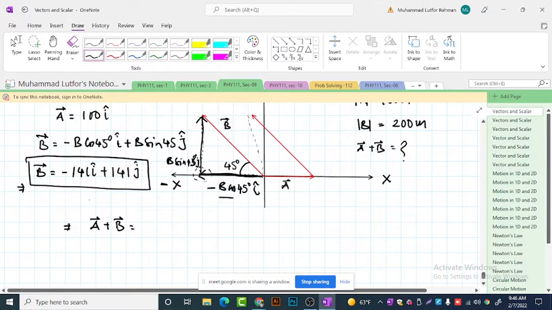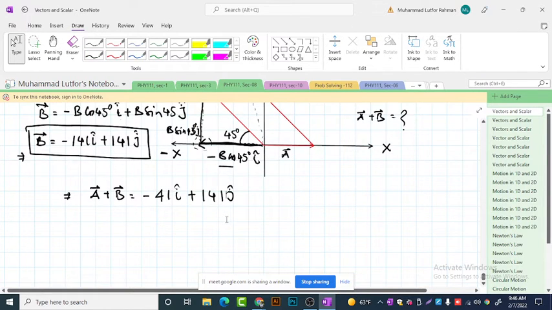Now if I add it with vector a, I can add the i components: minus 141 plus 100, which is negative 41 i hat plus 141 j hat. So this is basically the resultant vector.